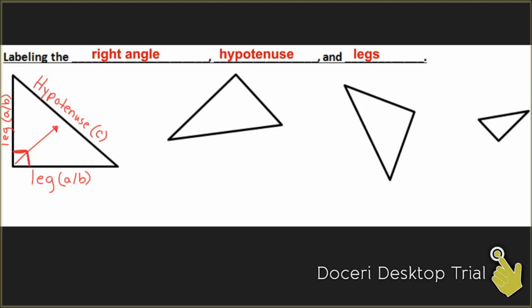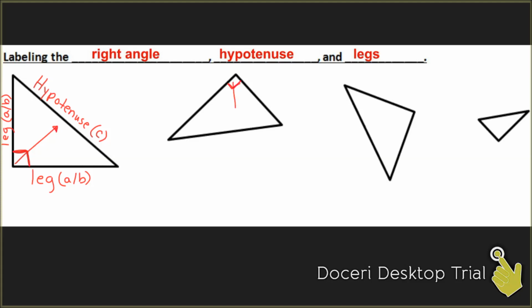We want to be able to identify them. Let's go over to our next triangle. So the next triangle is kind of rotated a little bit. So we're again looking for the corner that's 90 degrees. If I go through my three corners here of my triangle, I can see that this top corner is actually my 90-degree angle because it makes that perfect corner. So I'm going to take my writing utensil here, and I'm going to make a box to represent our 90-degree angle. Then remember to label my hypotenuse.